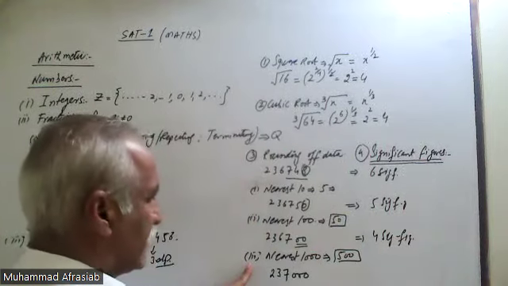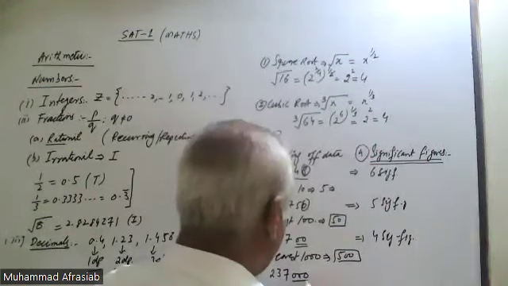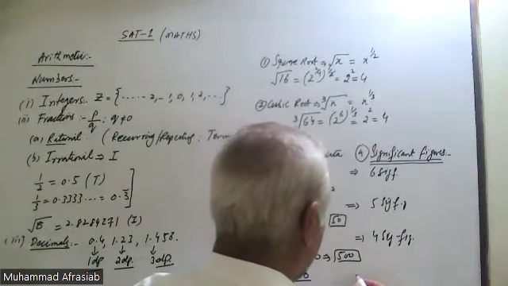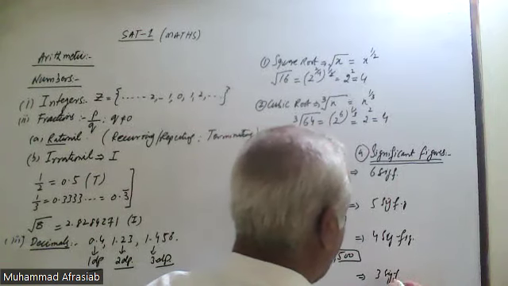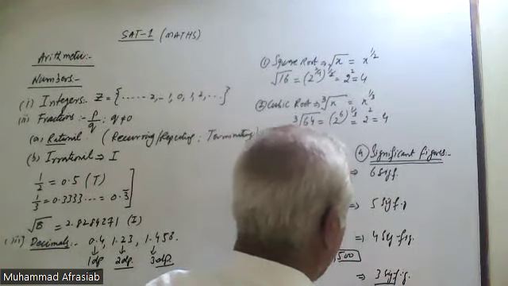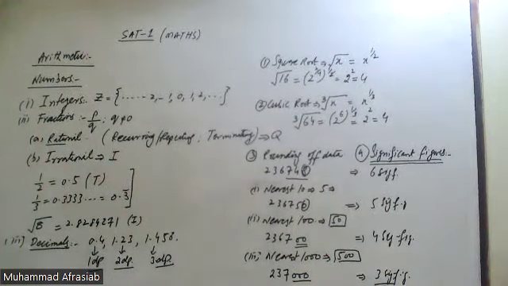And if this is nearest 1000, then there is no role of these three zeros. So there are three significant figures when the numbers are given as whole numbers. So this is the way you can convert to significant figures after rounding off to the nearest numbers.